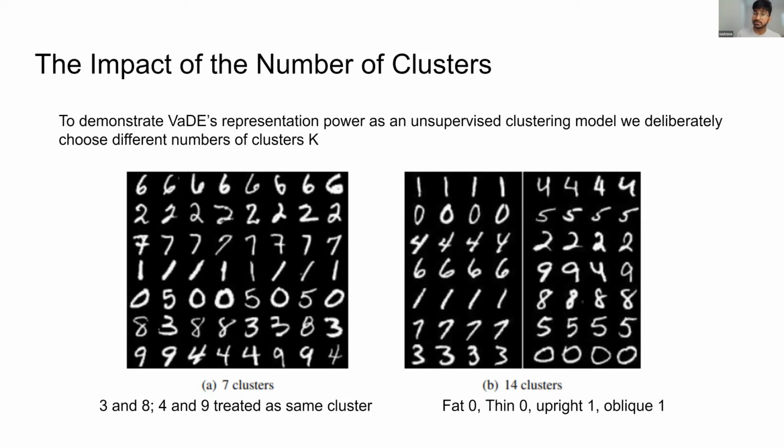Even though it is a 1, there are some minor feature differences. The ones in the first row and the ones in the fourth row are different because they are tilted and upright. You can also observe the zeros in the right picture: the thin zeros are in a different row, organized in a different cluster, and the fat zeros are organized in another cluster. Next slide, please.